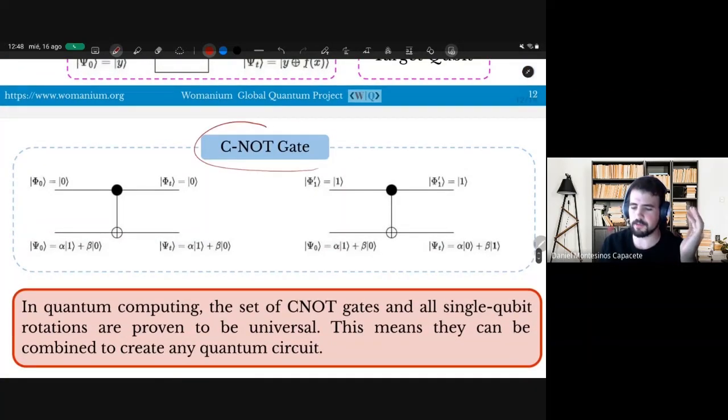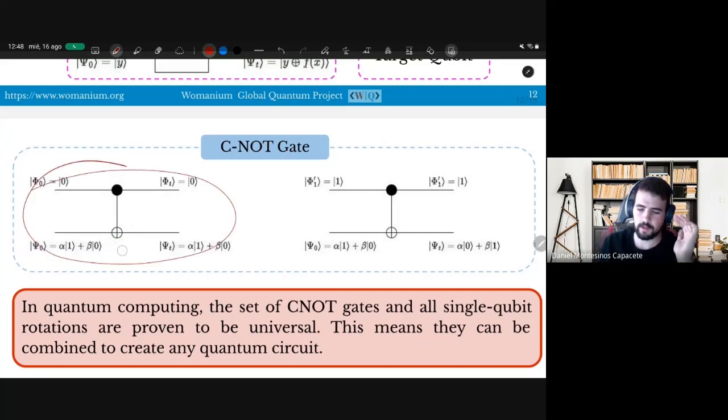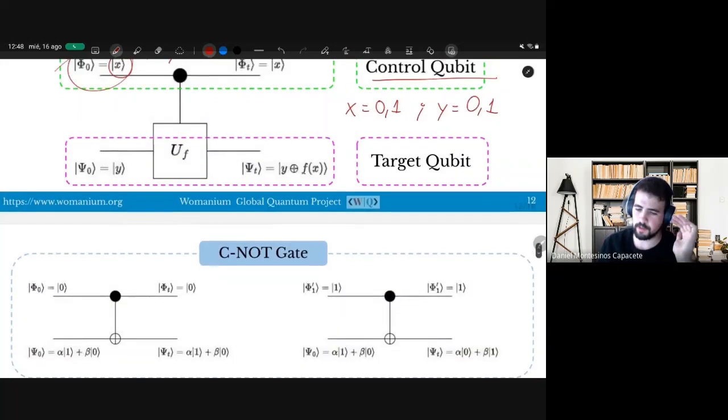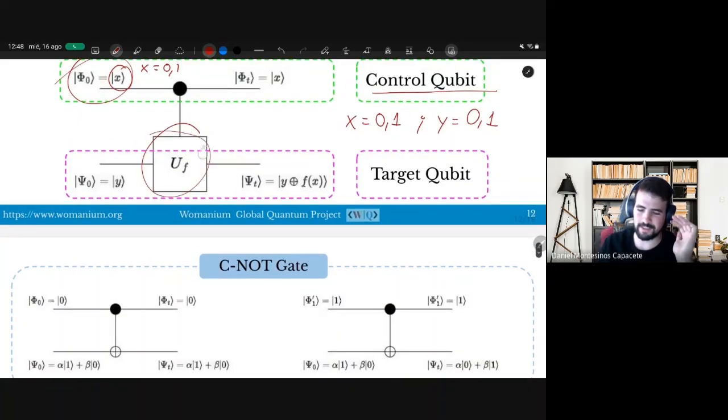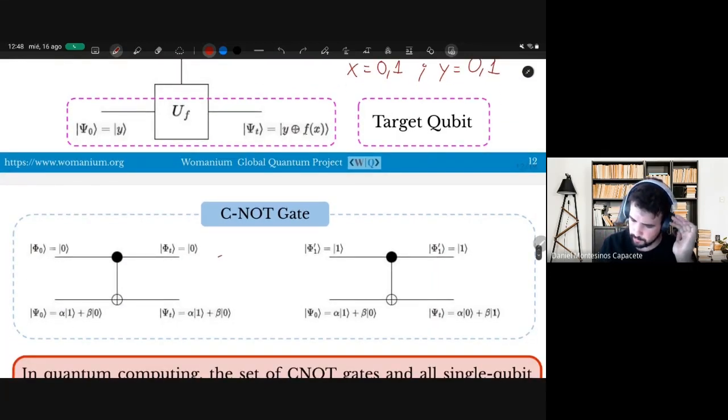This is called the CNOT gate, and normally the CNOT gate is represented in this way, but this will be using this notation here. This will be equal to having your control qubit and the X gate. Remember that the X operator was the corresponding operator for the NOT gate, right?